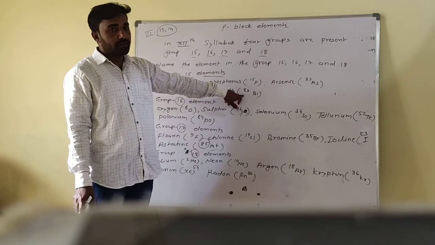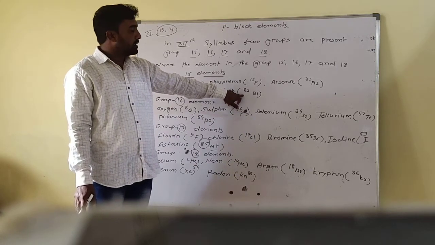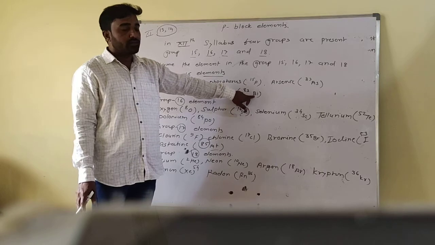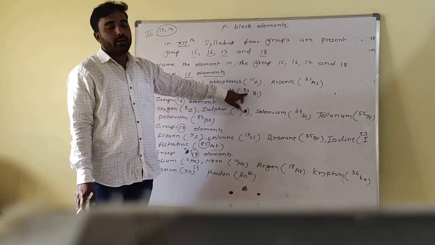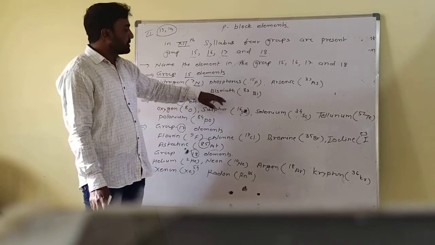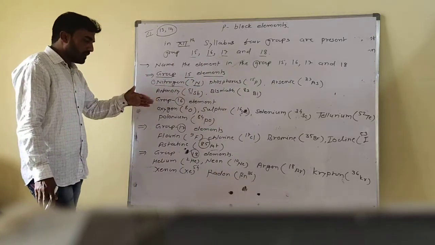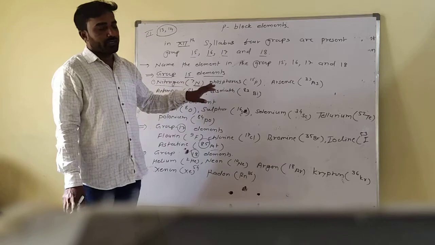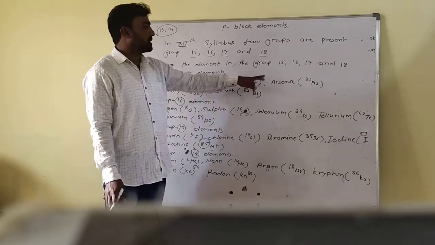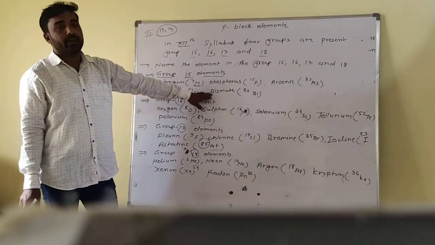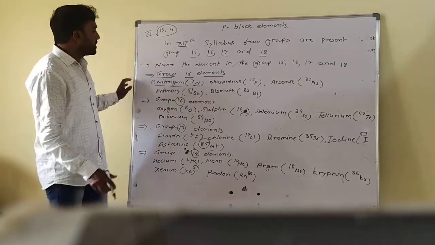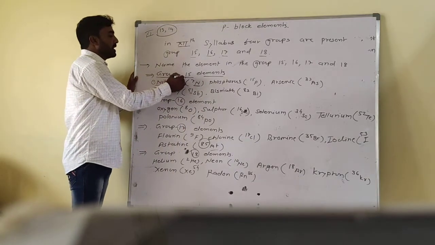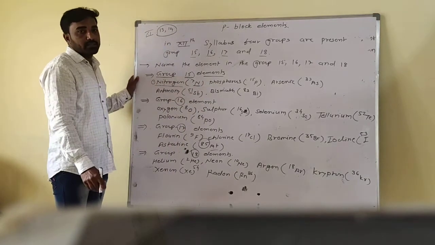Bismuth is the last element of group 15, symbol Bi, atomic number 83. Other elements exist, but these five are the important ones: nitrogen, phosphorus, arsenic, antimony and bismuth.